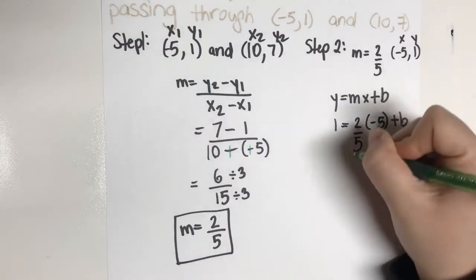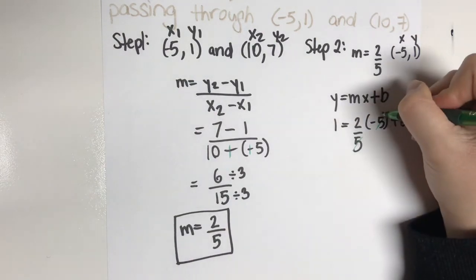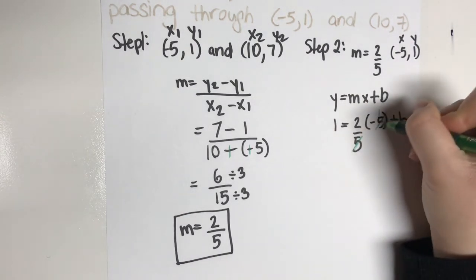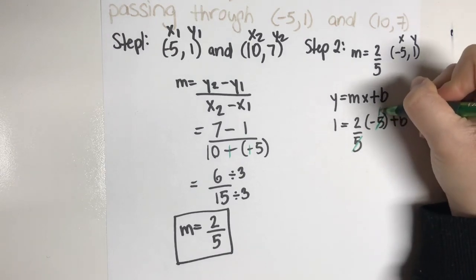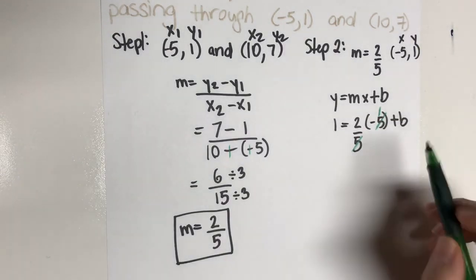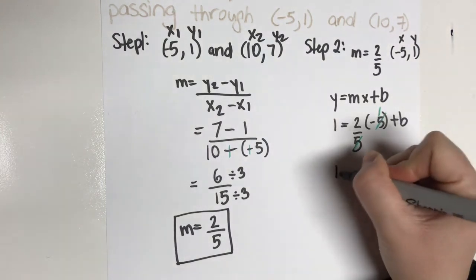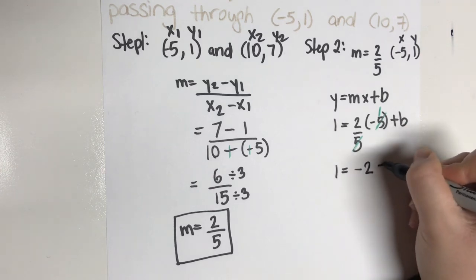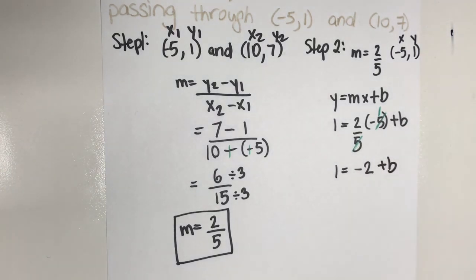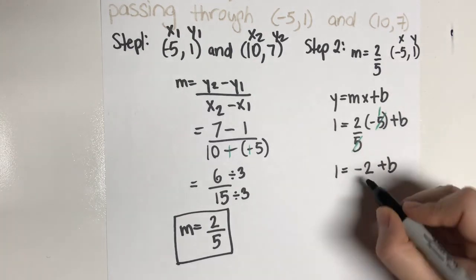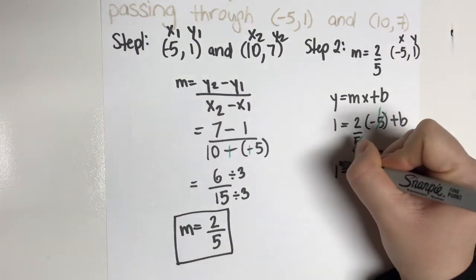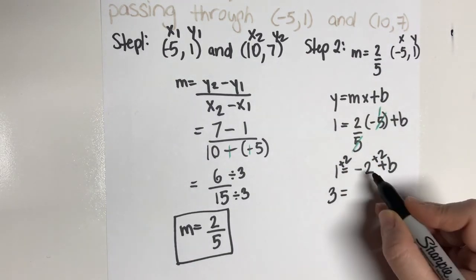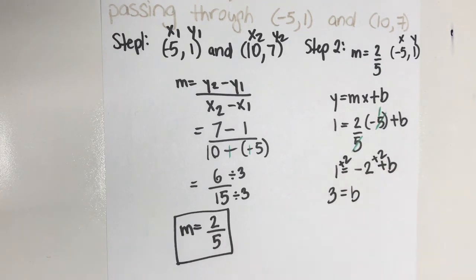So I can cross them off like this, and I can say 1. 2 times -1 is -2. Now I'm going to solve for b. This is -2, so I have to add 2 to both sides. 1 plus 2 is 3, and -2 plus 2 is 0. So my b is equal to 3.